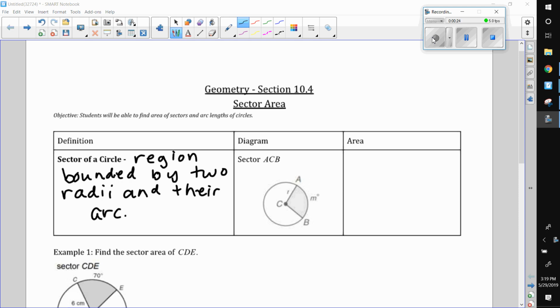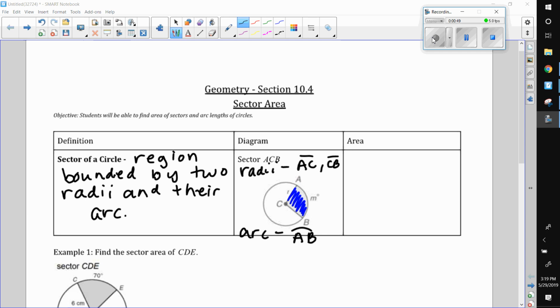And you can see it in the picture here that you have your radii as AC and CB, okay? And then you have your arc as AB, okay? So that's what is created there.